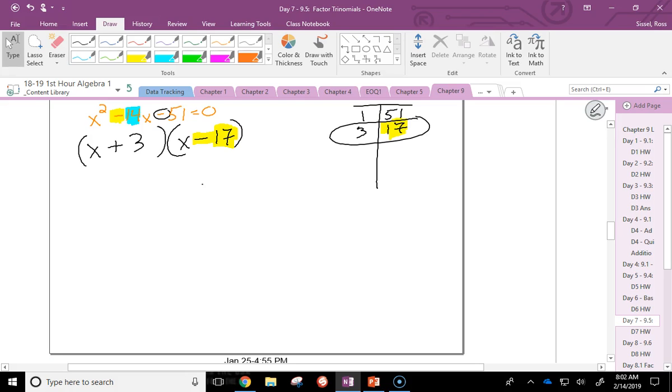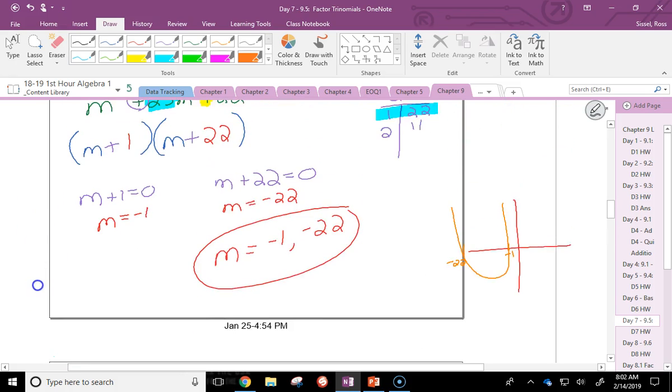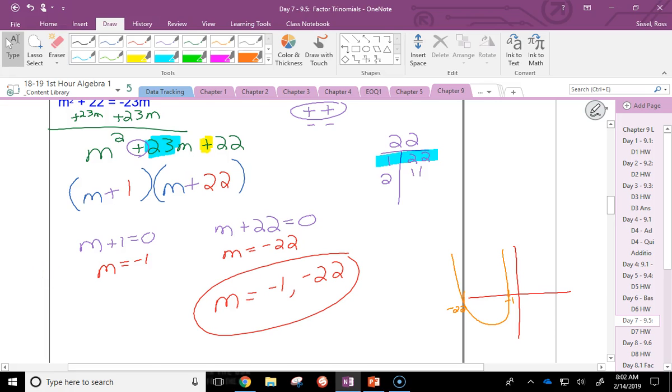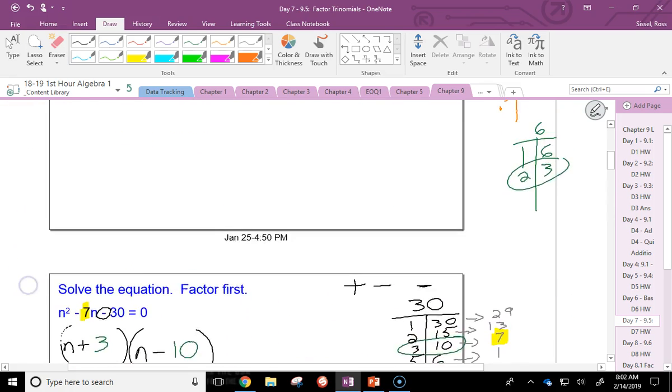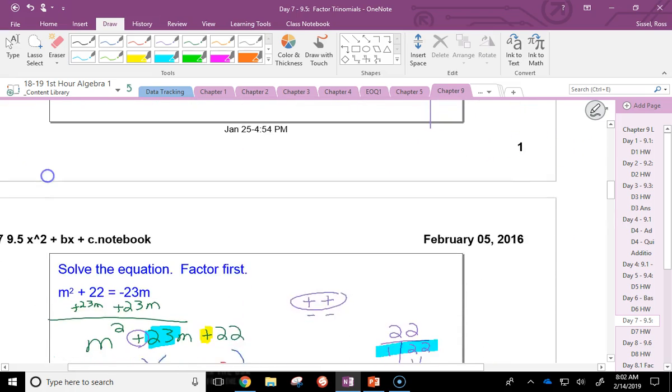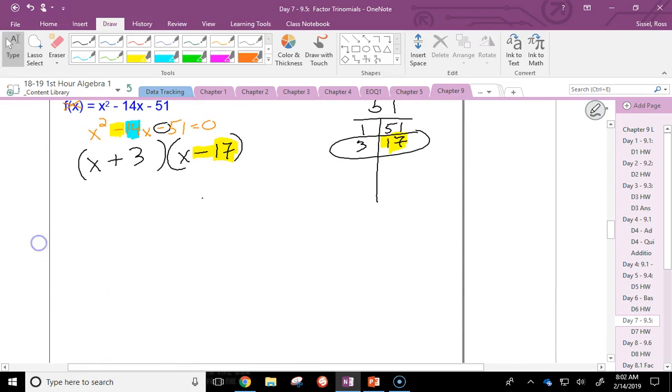All right, so questions? Hold on. What? Yep. So if, well, here is positive, positive. We'll see if we get one. Alright, so we still have to solve this. So, you still have to say x plus 3 equals 0, which would mean x is negative 3.